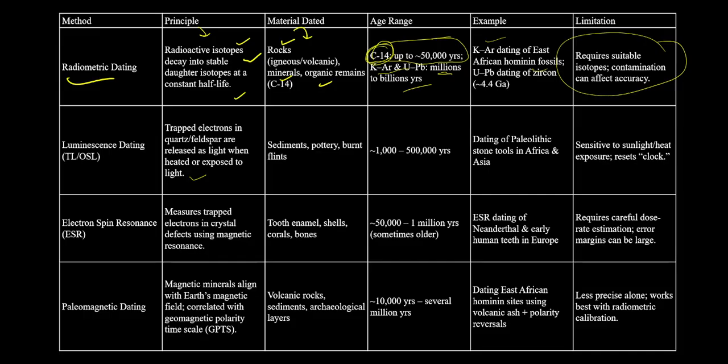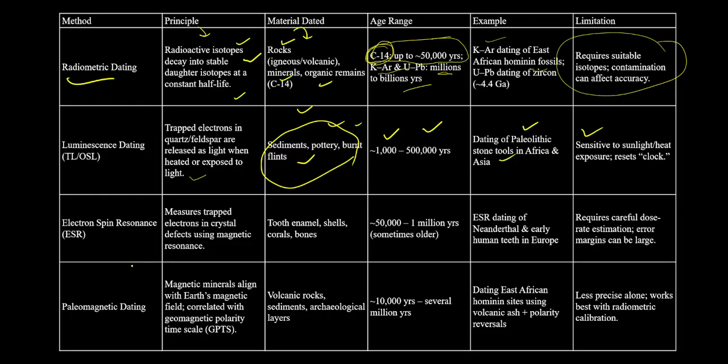Basically, sediments, pottery or burnt flints, we can use these materials for dating. Age range from 1000 to 5 lakh years. For example, dating of Paleolithic stone tools in Africa and Asia. The limitation is that this method is sensitive to sunlight or heat exposure.